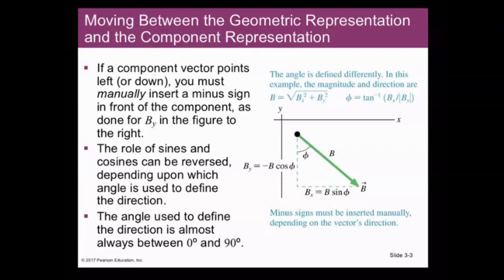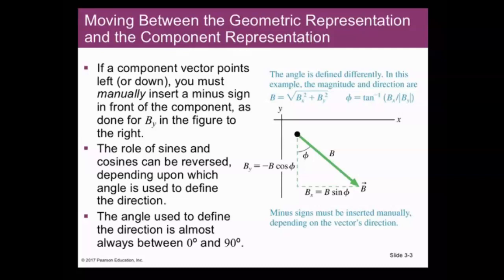If a component vector points left or down, you must manually insert a minus sign in front of the component, as done for b sub y in the figure to the right. The role of sines and cosines can be reversed depending on which angle is used to define the direction.